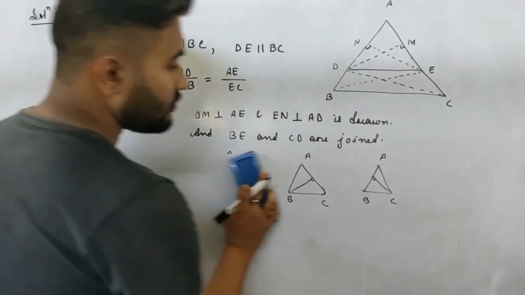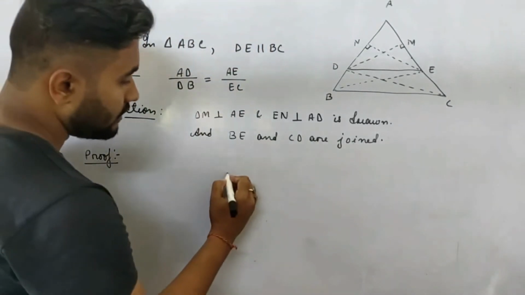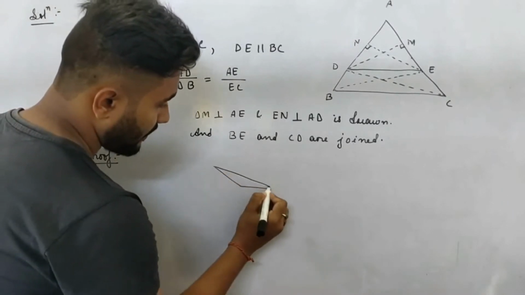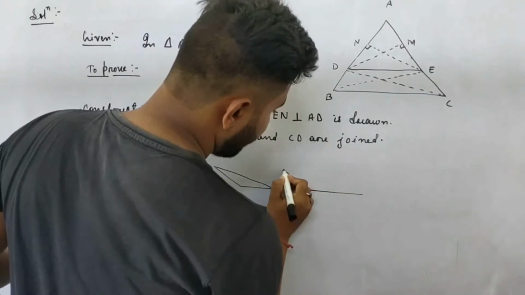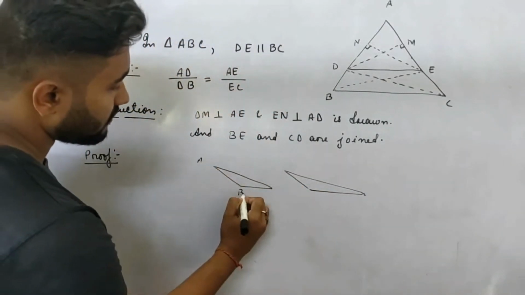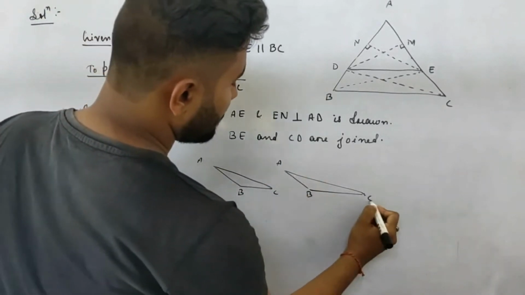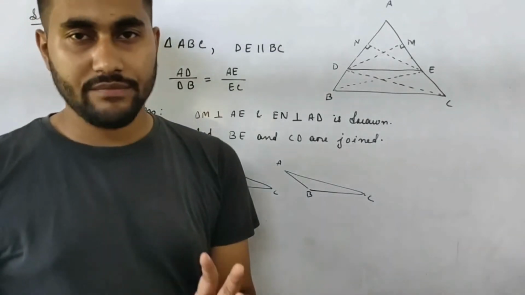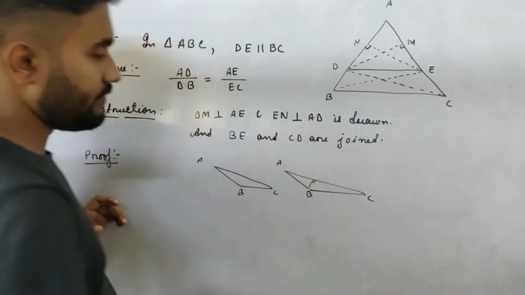Now I am drawing another triangle, this time an obtuse angle triangle. Two triangles I am drawing this time, same triangles. Again say ABC and ABC. At first I am saying draw a height from B. Very simple. This is the height, 90 degree.